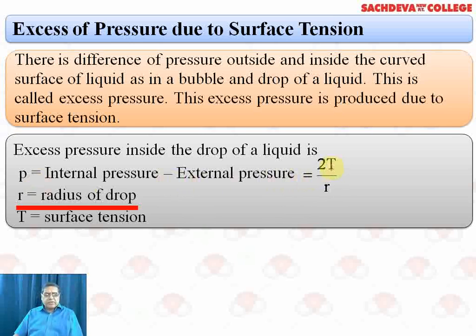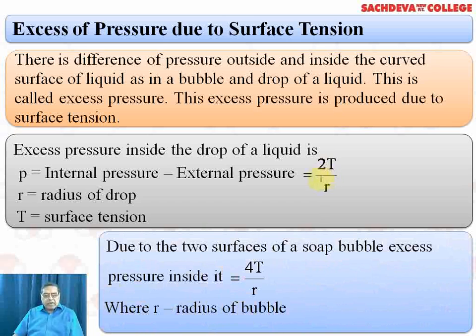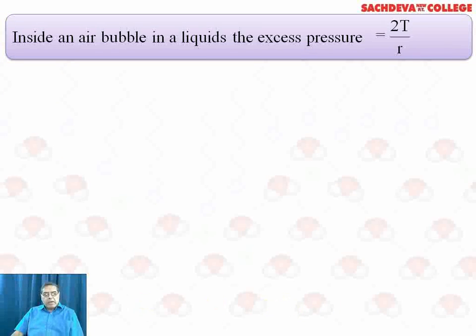Small r is the radius of the drop and T is the surface tension. Due to the two surfaces of a soap bubble, excess pressure inside will be double of the initial value. That is, the initial value was 2T by R and double of that will be 4T over R, where R is the radius of the bubble.